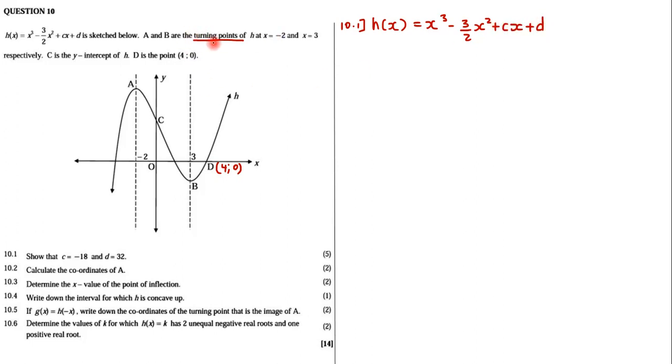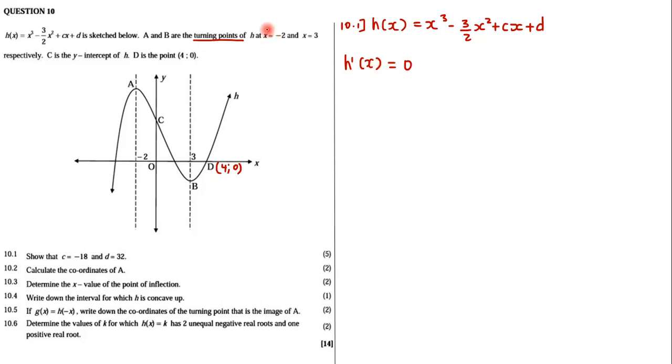Because we're given the x coordinates of the turning points, we know that with a general cubic function, the only way we can get a turning point is if we take the derivative and make it equal to 0. Remember, when you have everything and no unknowns, and you calculate turning points, you do this and it gives you the x coordinate.